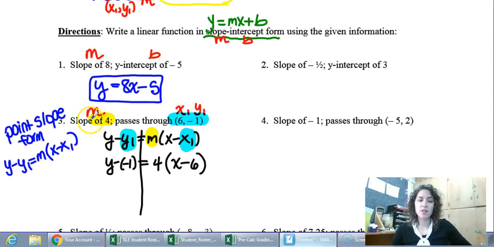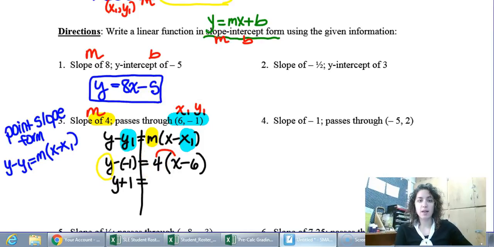But if we read the directions, they say I'm trying to get to slope-intercept form. So that means I have to solve for y. From this point forward, we're really just going to rely on our solving skills to get y by itself. So let's see. Minus minus turns into a plus, so I have y plus 1 equals, and then this 4 outside the parentheses we can distribute.